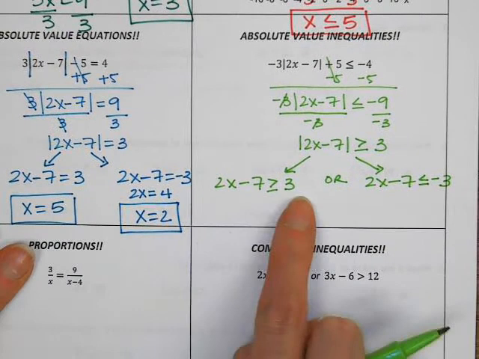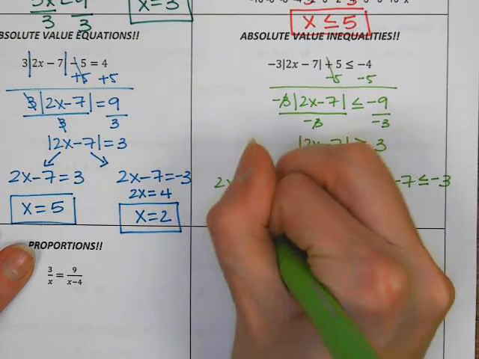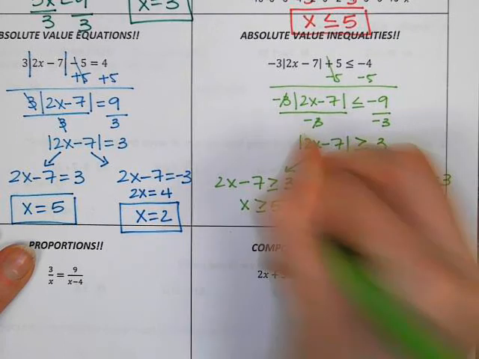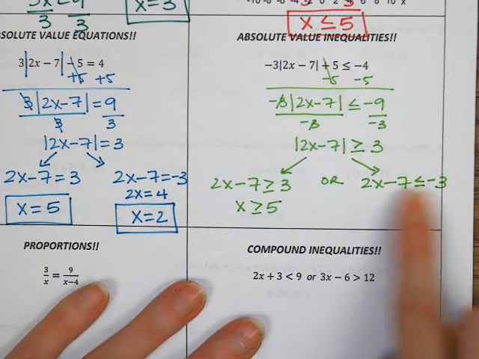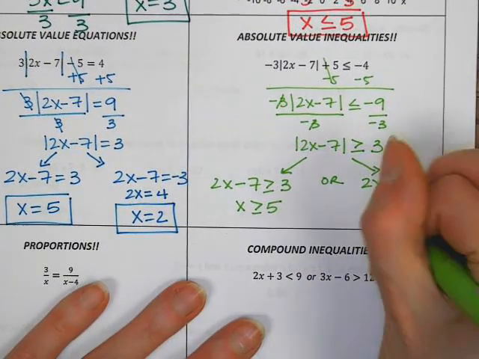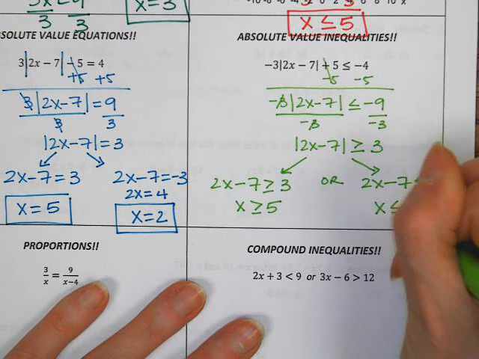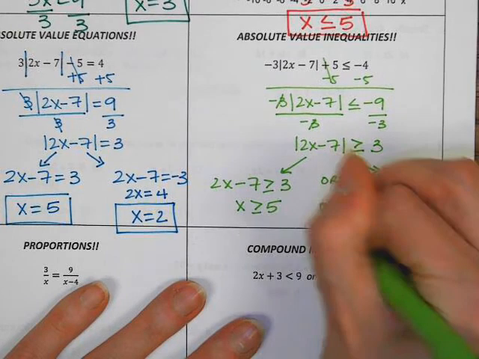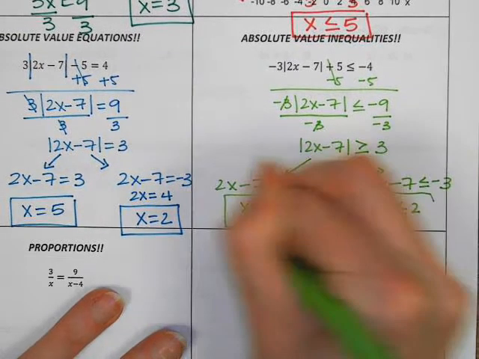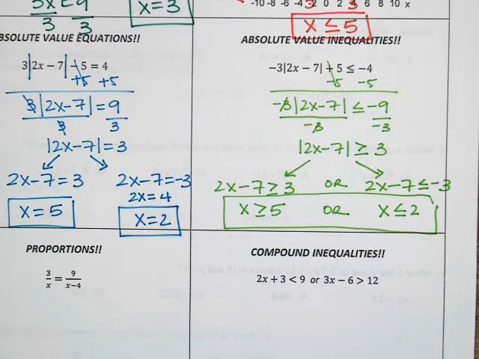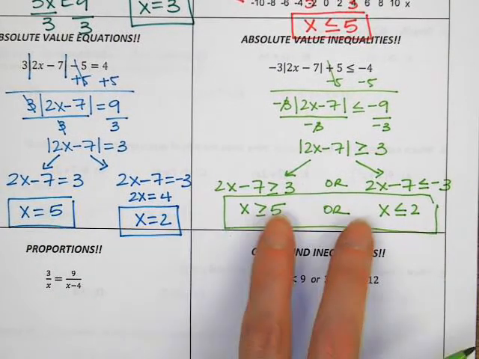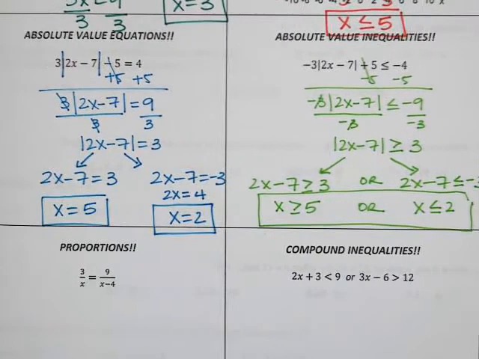Okay, if we add 7 and divide by 2, we get x is greater than or equal to 5. If we add 7 and divide by 2, we get x is less than or equal to 2. So this is your or. And then if you were to graph, they would go out to the sides.